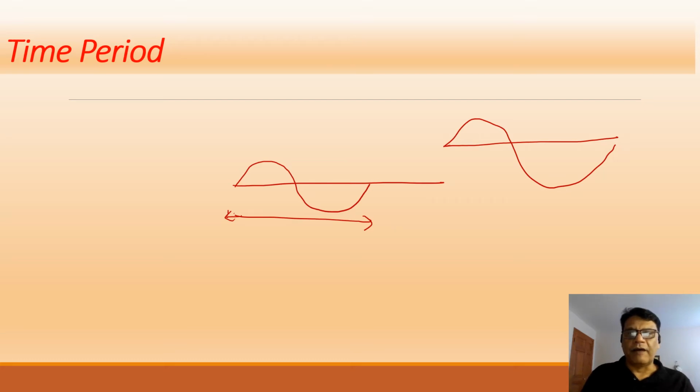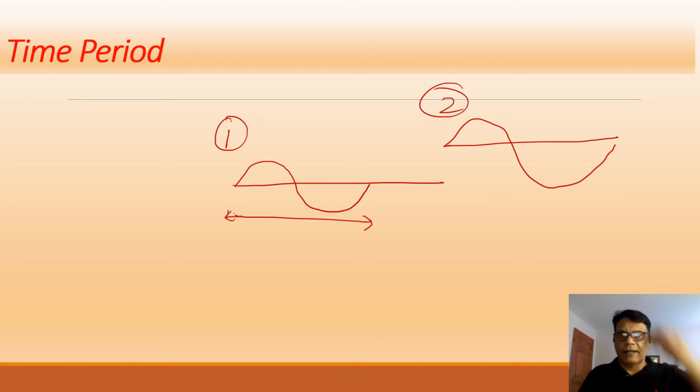So when a wave is larger, it will take a long time to complete this cycle. So the time period of this wave will be greater than that of this first wave. So time to complete one cycle is called time period.